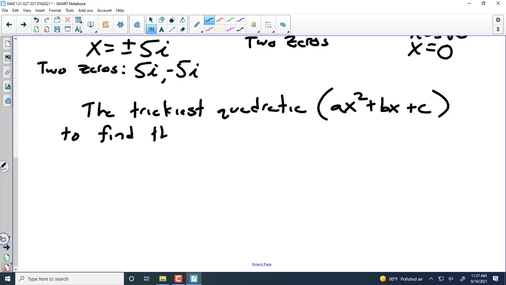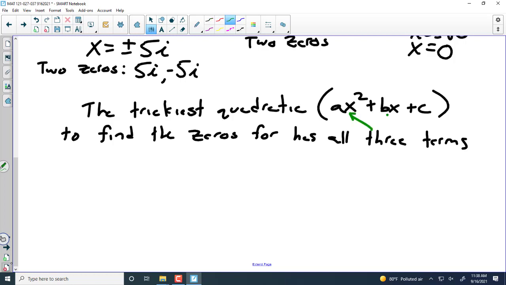To find the zeros for one that has all three terms.